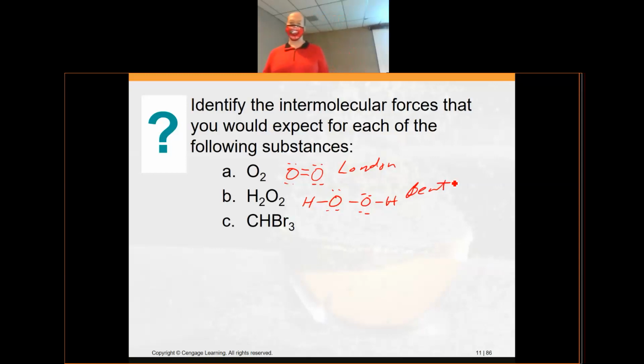Anytime you have an oxygen with two bonds and two electron pairs, it is bent, and so it has London and dipole-dipole. And of course, when you see OH, you have hydrogen bonding.